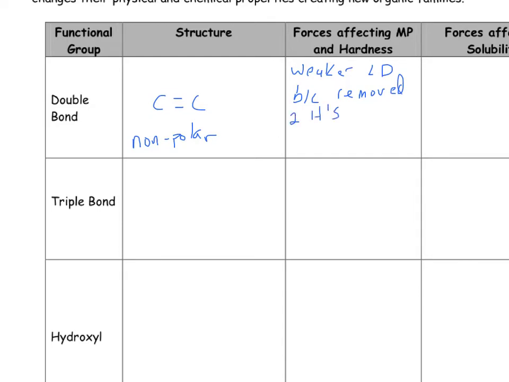This means for every double bond included on the compound, it lowers the melting point. And it also makes the compound softer.